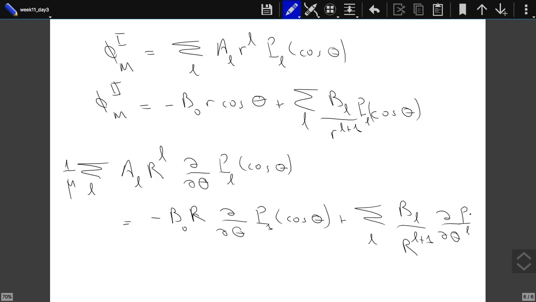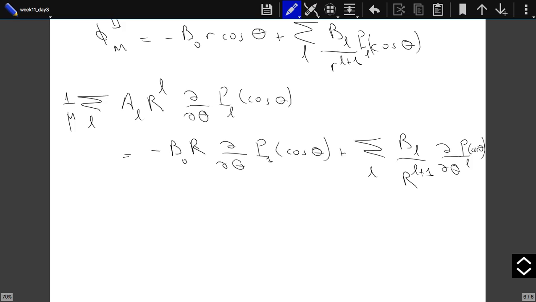P_L of cosine theta. Well, just like P_L of cosine thetas are complete and orthogonal to each other, their derivatives are also complete and orthogonal to each other. So the coefficient of the derivatives of P_L cosine theta on both sides should be equal to each other.